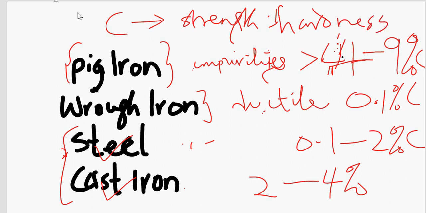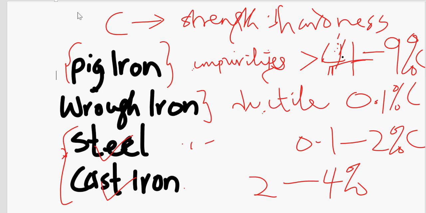So from cast iron to wrought iron, ductility increases. Wrought iron is the most ductile, followed by steel, because carbon begins to reduce ductility, and cast iron is less ductile than steel and wrought iron.